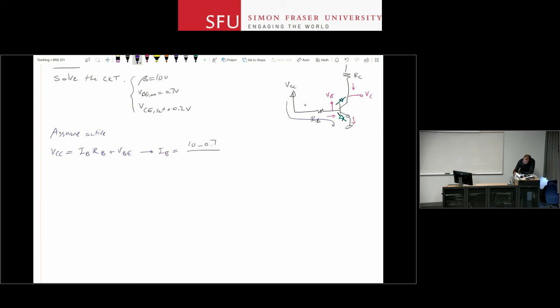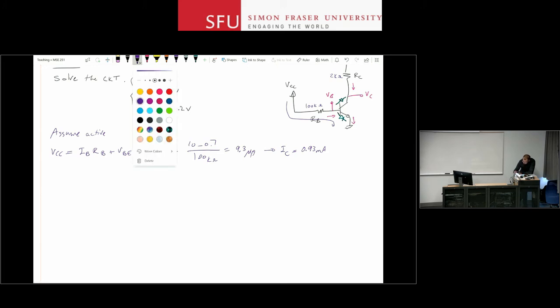RB is given in the problem, it's 100 kilo ohms here and 2 kilo ohms up here. So divided by 100 kilo ohms, that's 9.3 microamps. Because I know beta and I'm assuming active, IC is going to be 100 times 9.3 microamps, that's 930 microamps or 0.93 milliamps.